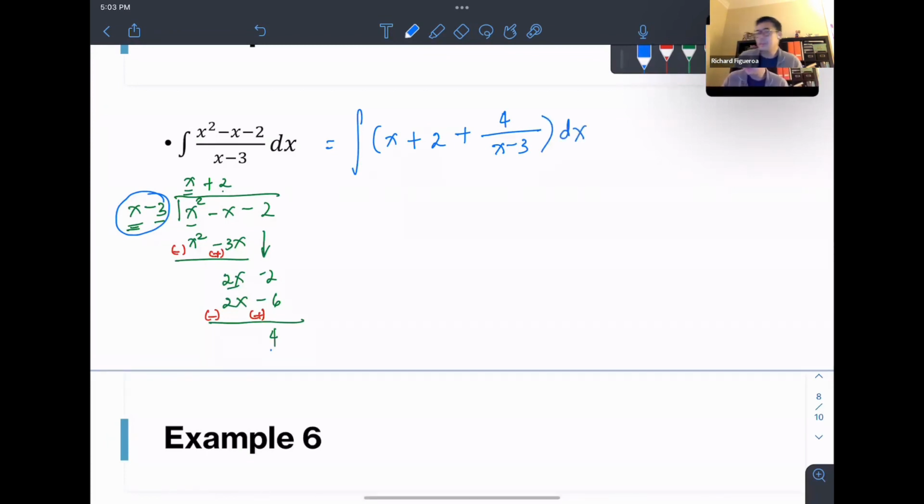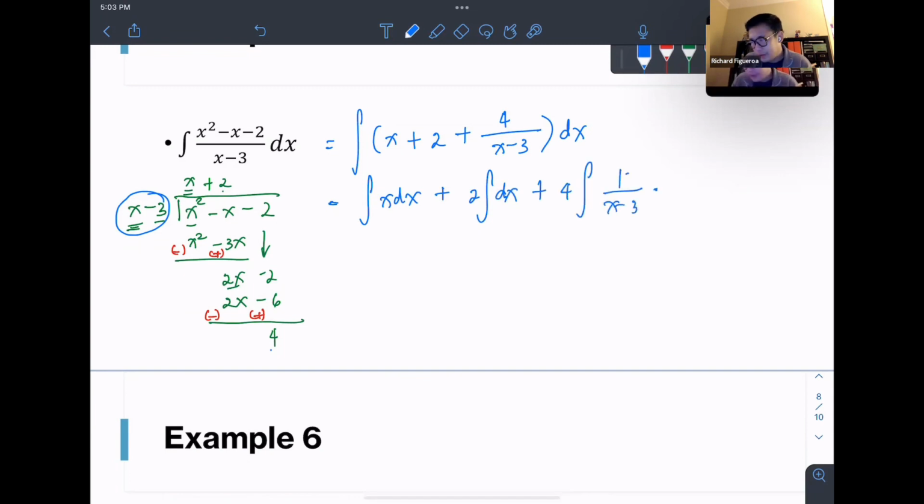And then multiply it with dx. So ngayon, we could have the sum and difference rule. So the integral of x dx. Tapos plus 2 the integral of dx. Then plus 4 the integral of 1 over x minus 3 times dx.